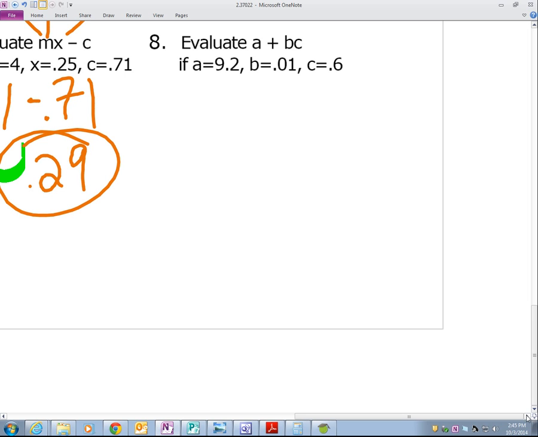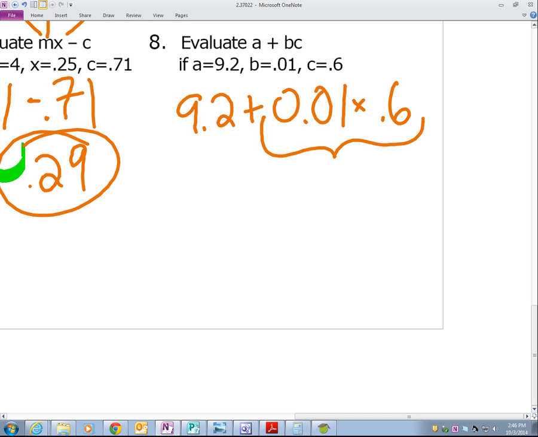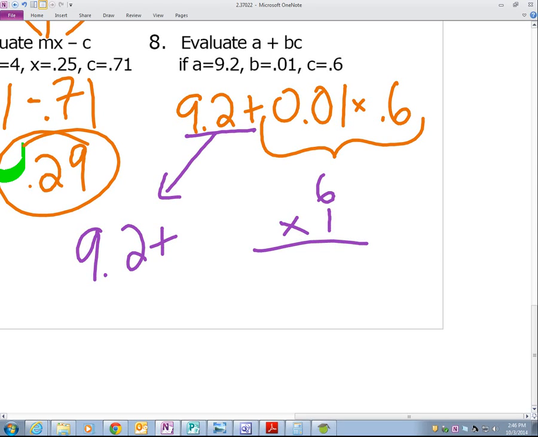So we have A equals 9.2. So it's 9.2 plus 0.01 times 0.6. These are the ones that have to do with this unit, so I'm going to use them first. So this guy is going on a vacation here, so he's just going to hang out over here for a little bit. 9.2 plus, then we got this. We have 0.6. We're not going to worry about the decimal point right now, so we're just doing 6 times 1, which is 6.